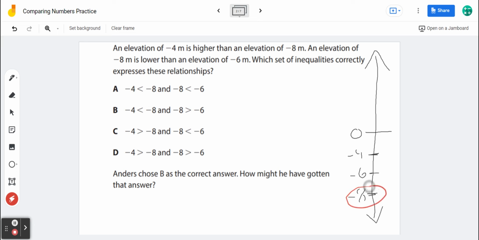So -8 is lower, or under, -6. Which set of inequalities correctly expresses these situations? So I have to see which of these A, B, C, or D correctly uses the inequality symbols.